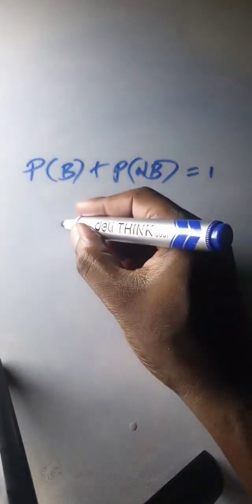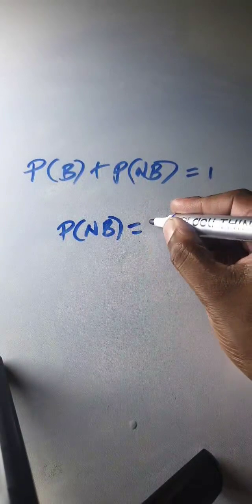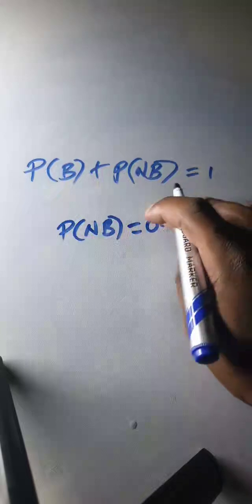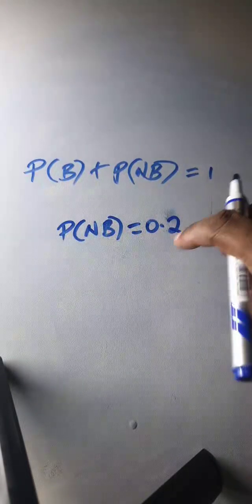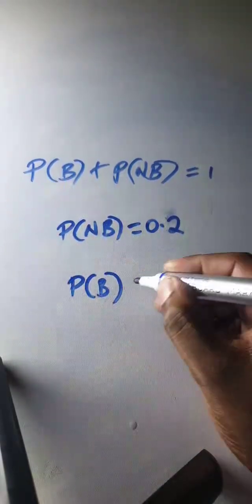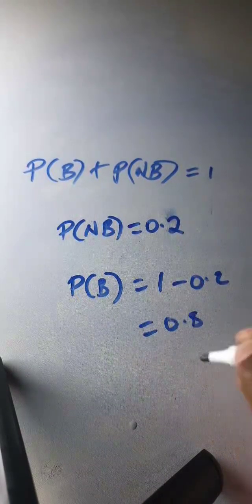So let's say the probability that Vasa didn't birth is equal to, let's say, 0.2. So we can easily find the probability that she has birthed by simply saying 1 minus 0.2, which will give us 0.8.